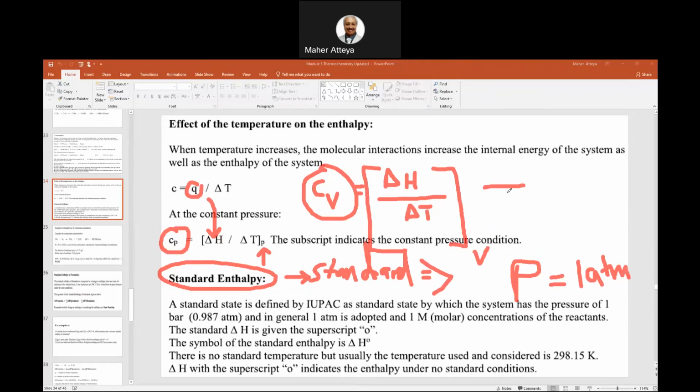Temperature is always 25 degrees, which is 298 Kelvin, capital K. So this is the standard condition.